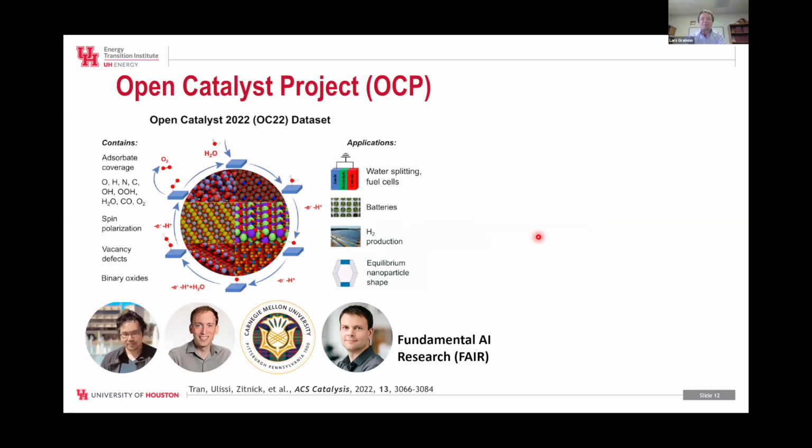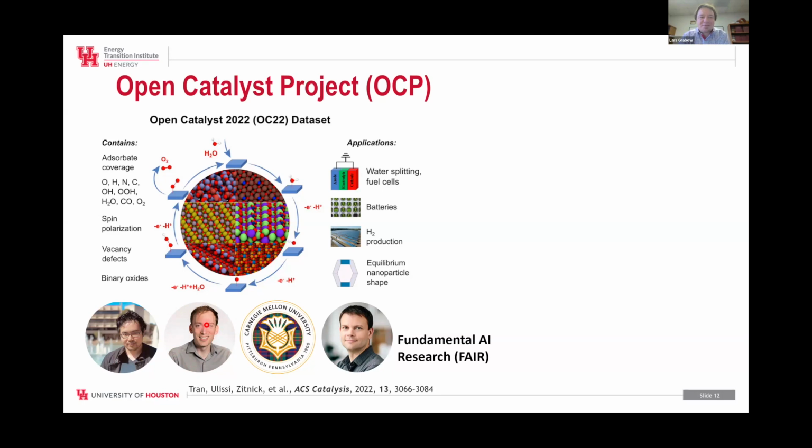So when we started this, I was very lucky that Richard Tran joined my group here at the University of Houston. He's depicted here in the bottom left. He's been a postdoc for, I think, just over a couple of years now. In his previous assignment, he worked with Zach Ulissi at Carnegie Mellon University, and they collaborated with Facebook or Meta AI to develop the Open Catalyst project.